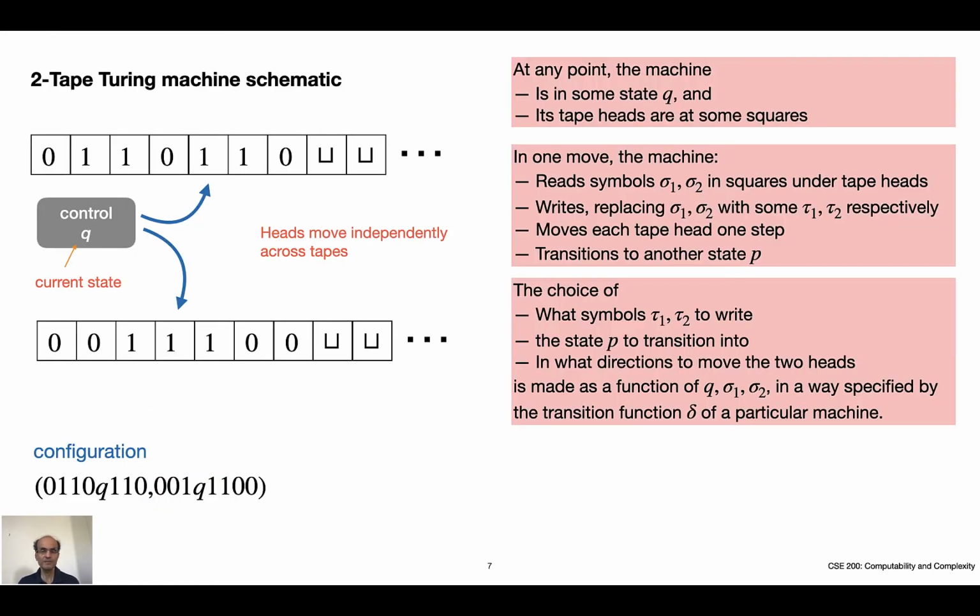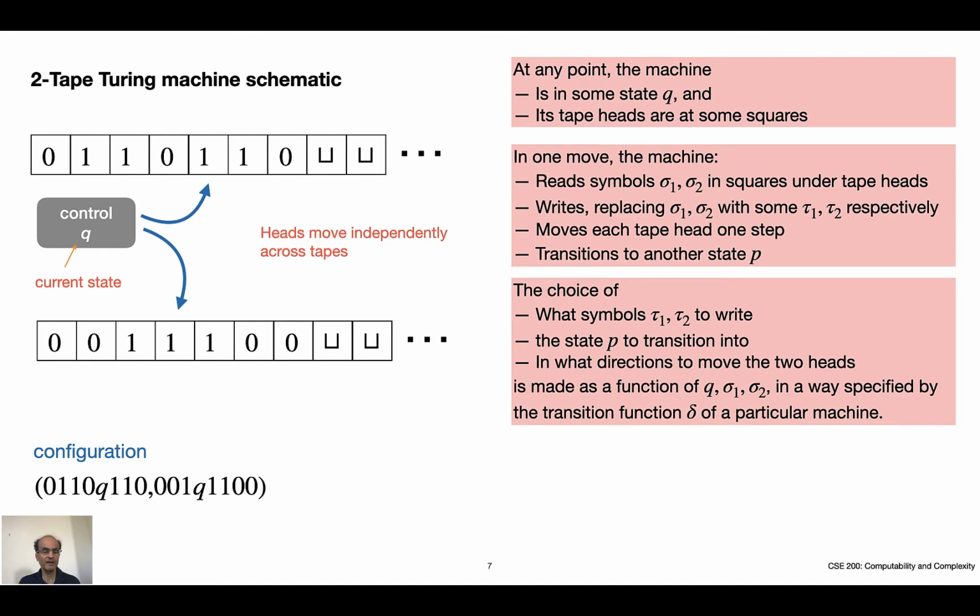So to do this properly, we have to formally define our new model. I have to tell you exactly what a 2-tape Turing machine is in just as much mathematical rigor as we did for a 1-tape machine. So let's start with the sort of high-level picture. In a 2-tape Turing machine, just like a 1-tape one, there'll be a control, and that control will be in some current state, which we'll call Q. Instead of 1 tape, there are 2.